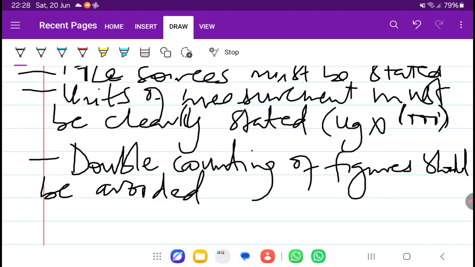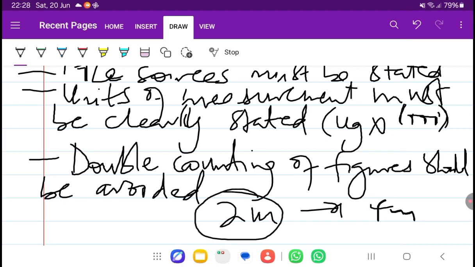Because if, instead of maybe writing 2 million, you end up writing 4 million, it means you are going to provide misleading information.